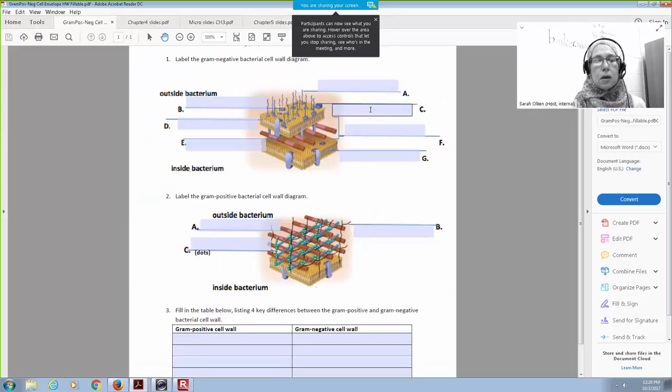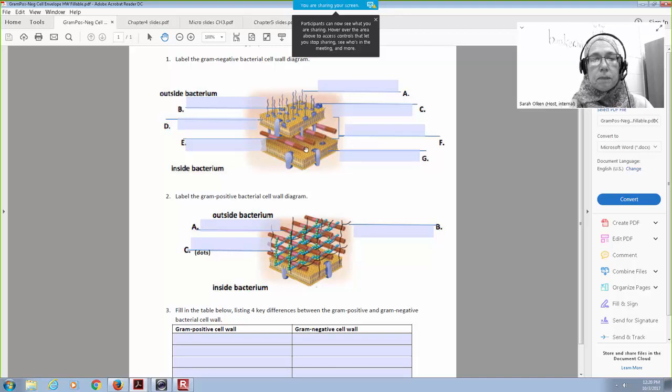Okay. So chapter 5 material goes over the composition of the bacterial cell wall, both in the gram-negative, which is shown here at the top, and the gram-positive. And remember that there are key similarities, and there are also key differences in the structure of the cell wall.